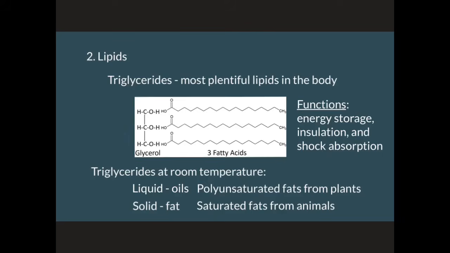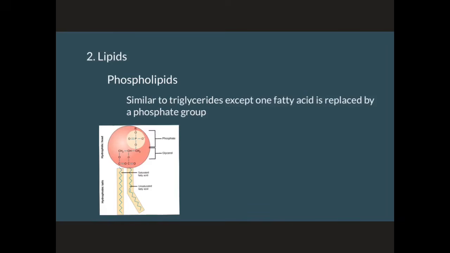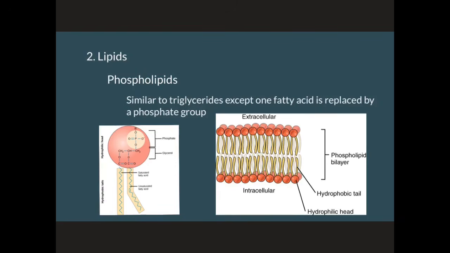The next type of lipid are phospholipids. Phospholipids are similar to triglycerides, except they have 1 fatty acid that is replaced by a phosphate group. This is the structural foundation of the cell membrane. They are amphiphilic. This means that they have both hydrophobic and hydrophilic regions. The fatty acid tails of the phospholipid are hydrophobic, and the phosphate head is hydrophilic.